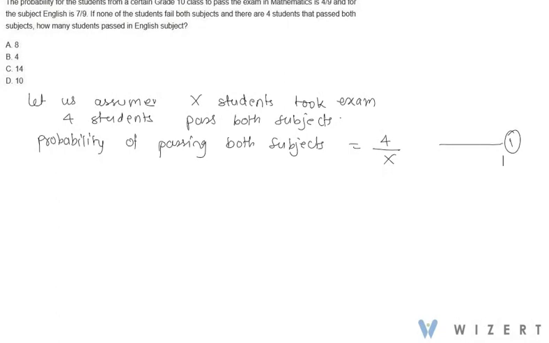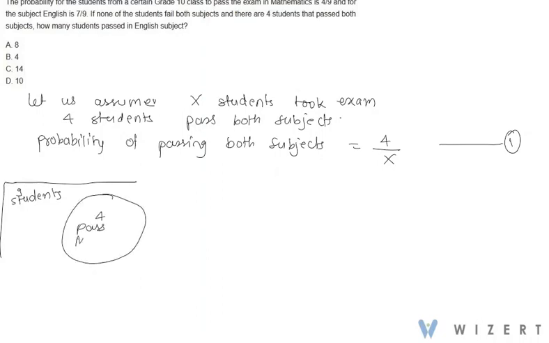Now probability of a student passing in mathematics is 4 by 9. That means that if there were total 9 students, that means that 4 of them will pass math. Right? Now this means that 9 minus 4 equal to 5 will fail math.